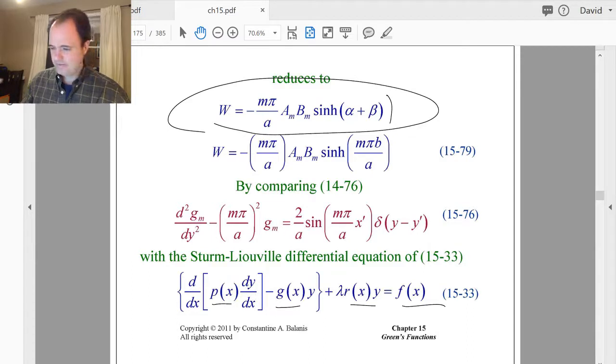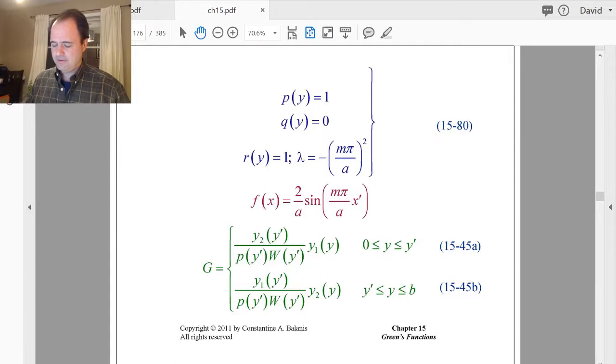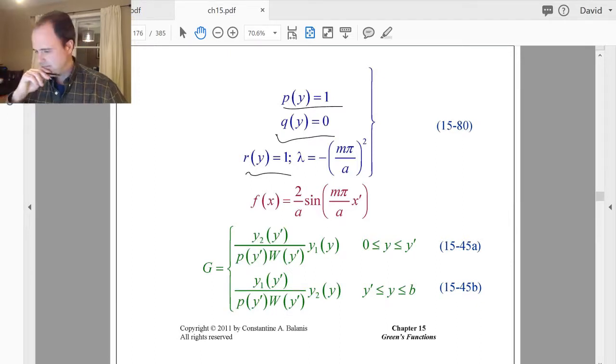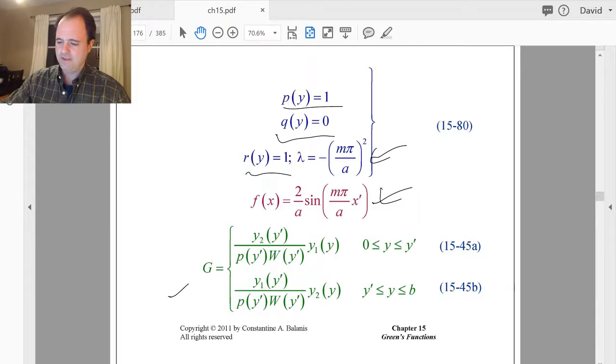We said how to do that in last week's lecture, and so we can determine quite easily that p is equal to 1, q is equal to 0, r is equal to 1, our lambda is equal to this right here, and we have an f, which is this right here. Okay? So we have everything we need to put in for our Green's functions for the two different regions.